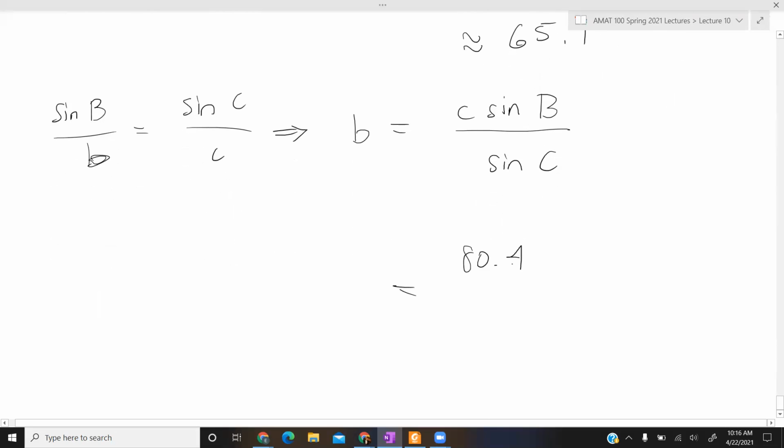You get 80.4 times sine of 135 degrees divided by sine of 25 degrees. If you plug that into a calculator, hence B is approximately 134.5.